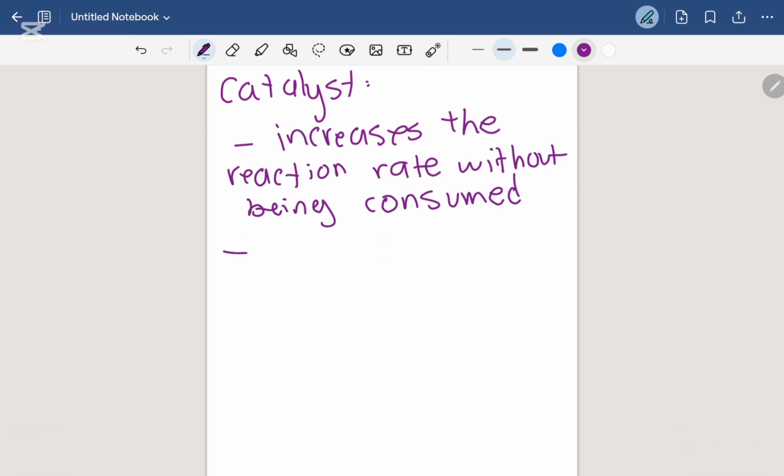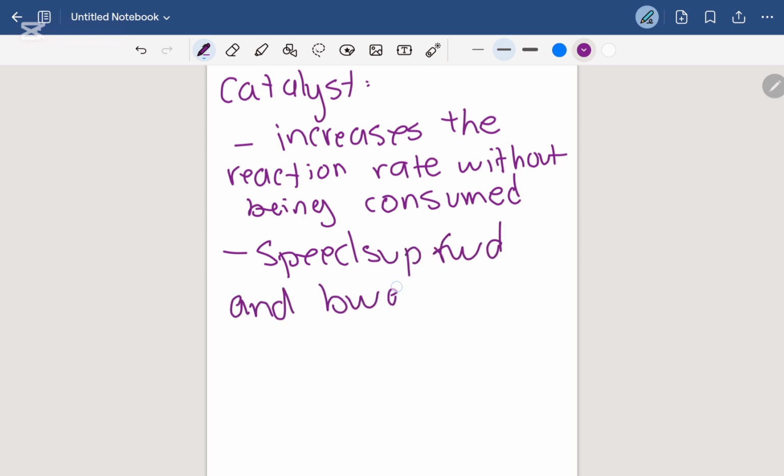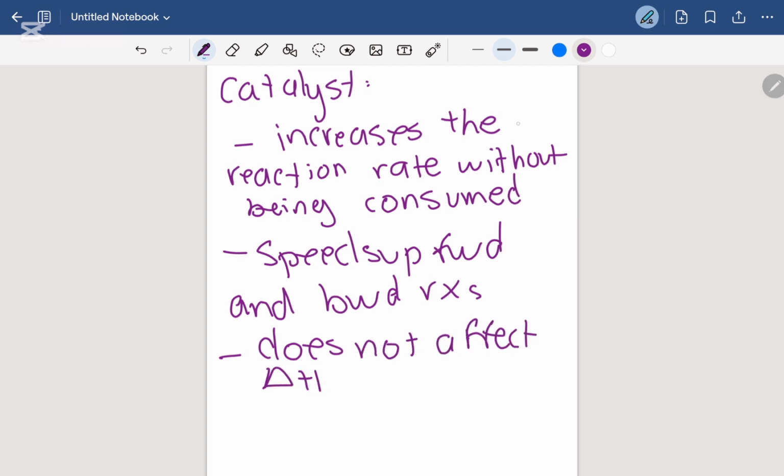When increasing the reaction rate, it speeds up forward and backward reactions. Now, it does not affect delta H, all right?